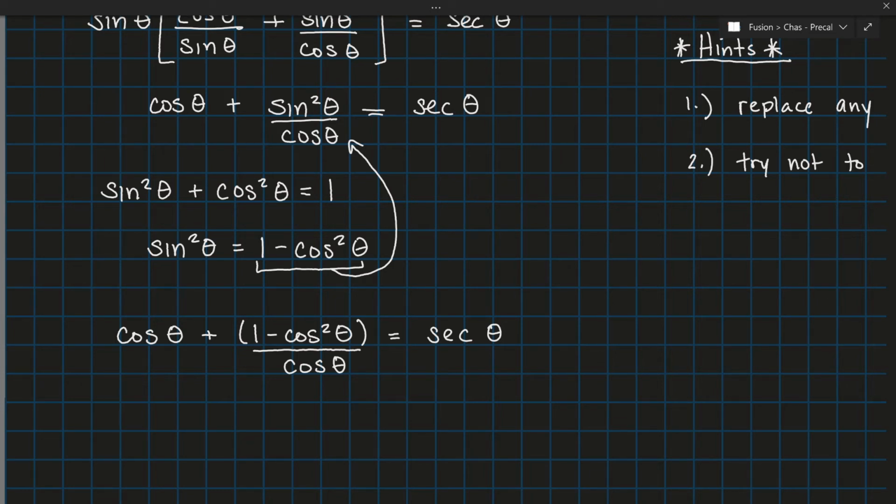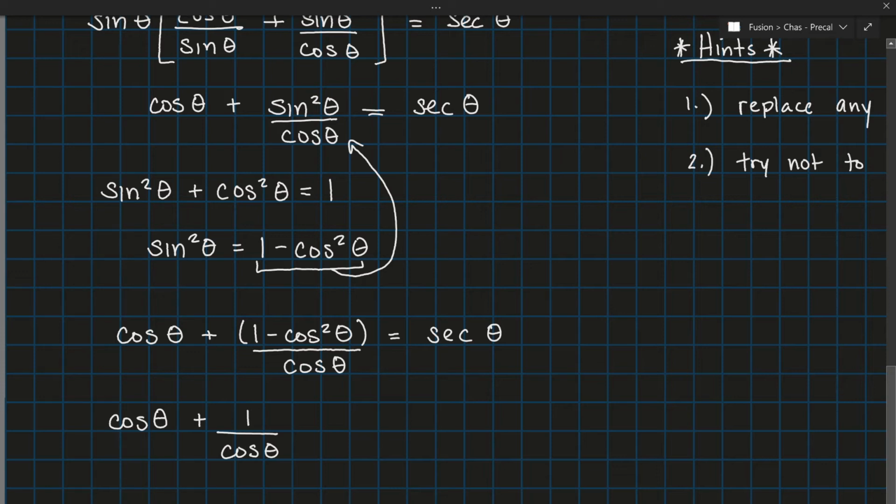Not really factor. We can split it up. Split, that's what I was thinking. So we would get the 1 over cosine, and then the cosine squared over cosine. So they're both over cosine.